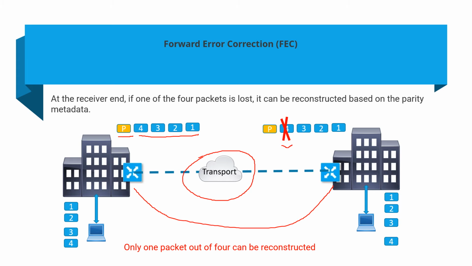So we need to understand here, since we are doing a reconstruction of the lost packet based on the parity bit, not everything can be recovered. As per Cisco, only one packet out of 4 can be reconstructed. So we need to keep in mind how lossy the link is, and how many packets can be recovered to get the desired quality of your data transactions.